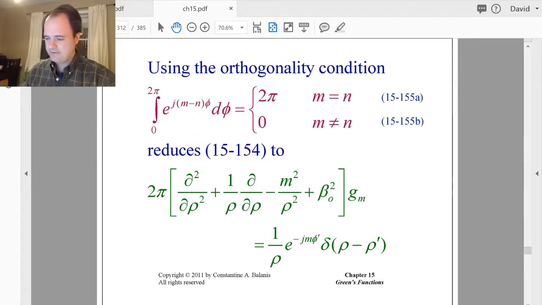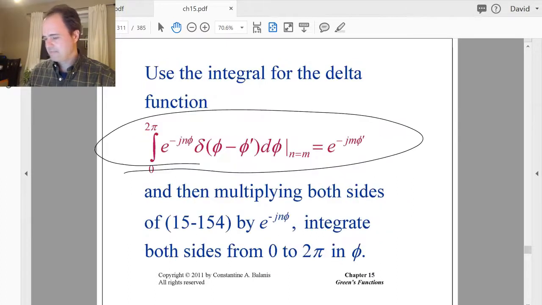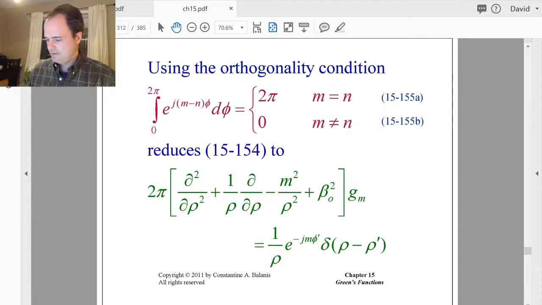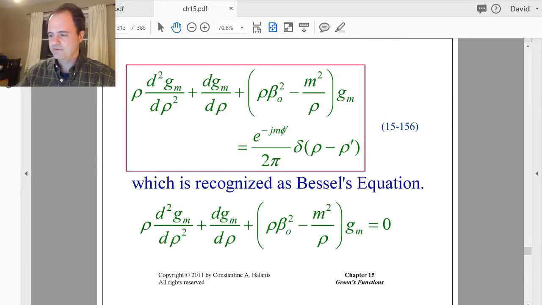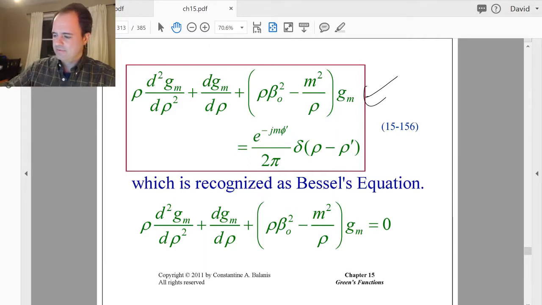And so then we select out a single m value here, and we get rid of this function, and we also get rid of this, resulting in this equation that needs to be satisfied. Rearranging this, we get this right here.